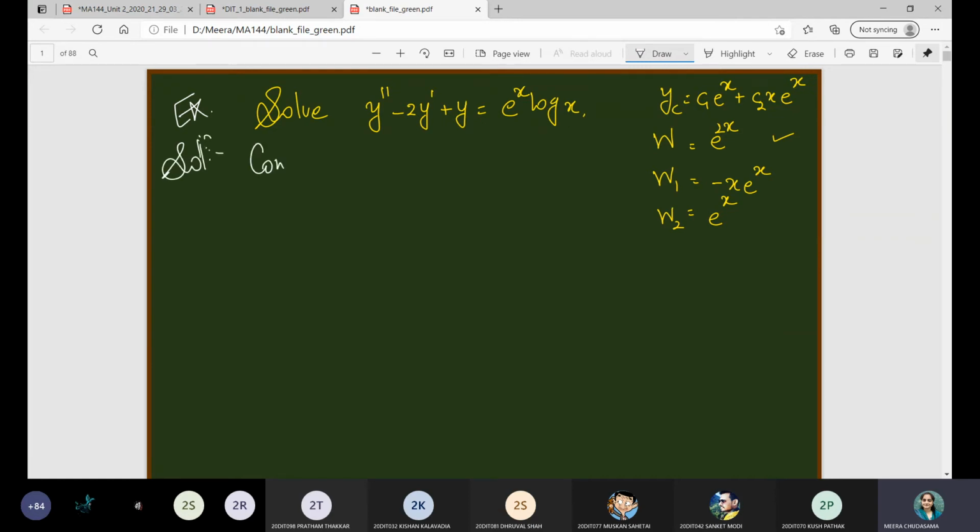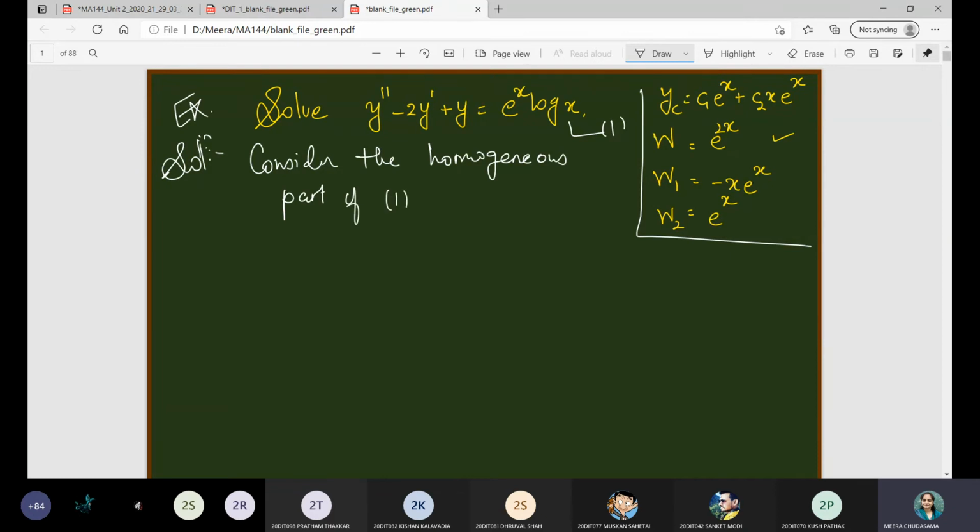So first of all, I will give this as equation number 1. Consider the homogeneous part of 1, that is, I can write directly in the operator form, right? So (d square minus 2d plus 1) y is equal to 0.